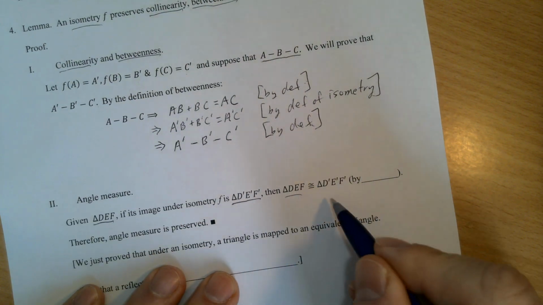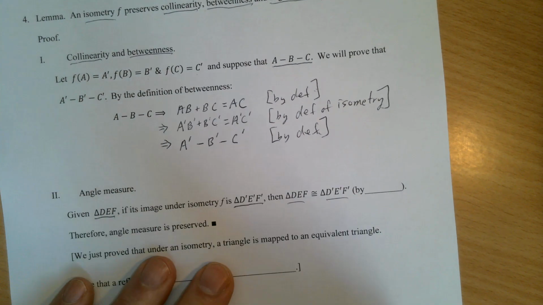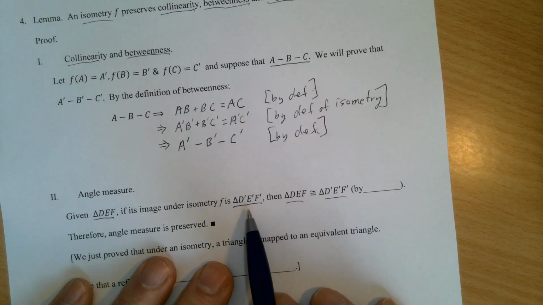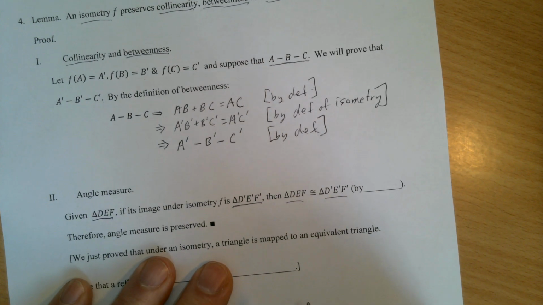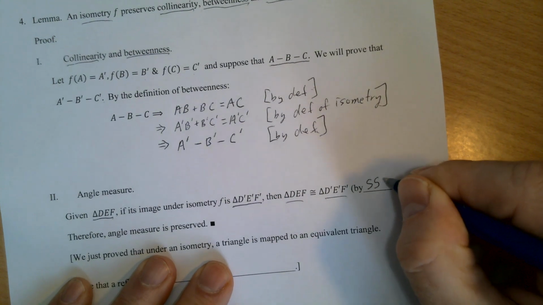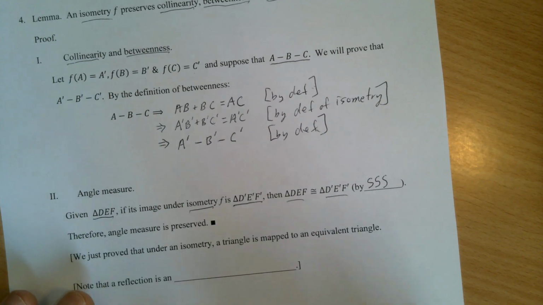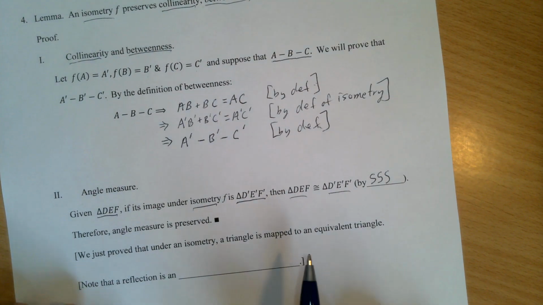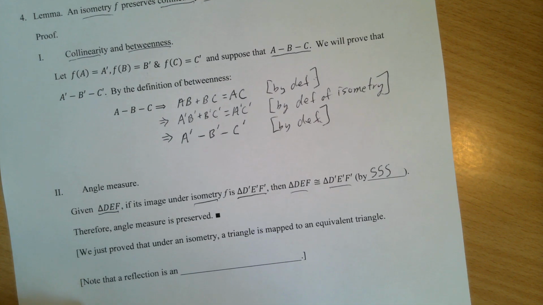Why do we know that? We know that because 2 triangles are congruent if all 3 sides have the same length. So we could say by side, side, side. That's because it's an isometry. The lengths of the sides are preserved. Therefore, all of these angles are preserved.